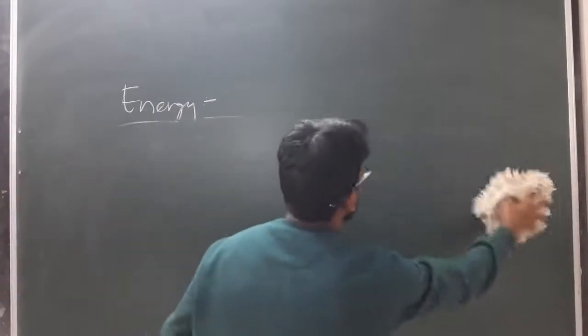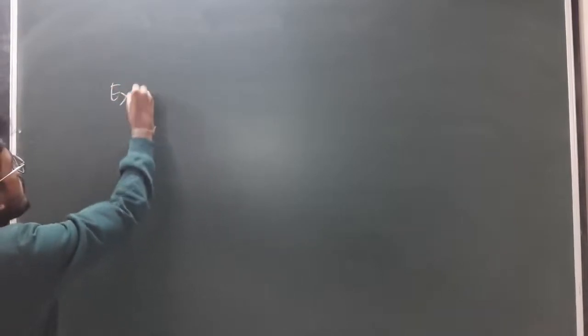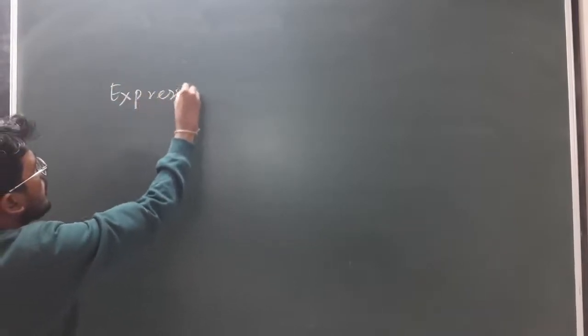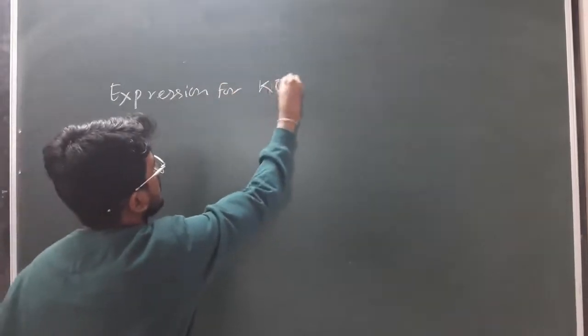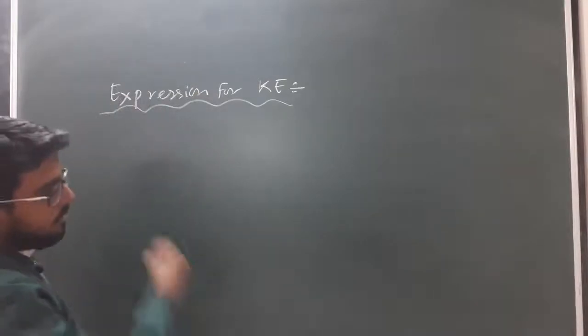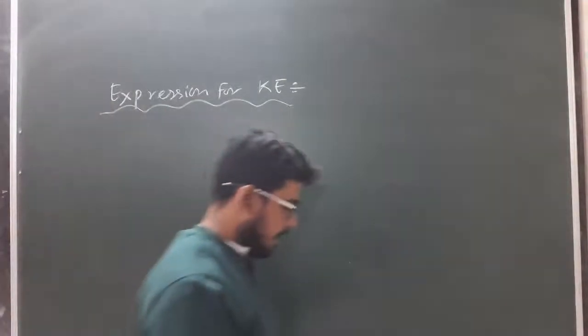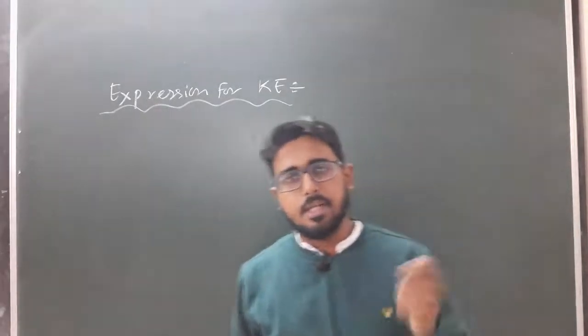So now let us discuss the expression, or derivation, to find out the kinetic energy. Okay, so how to calculate kinetic energy of a body? We already discussed right now that the energy stored within a body due to its motion is known as kinetic energy.